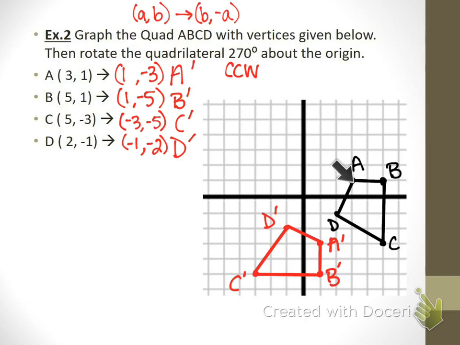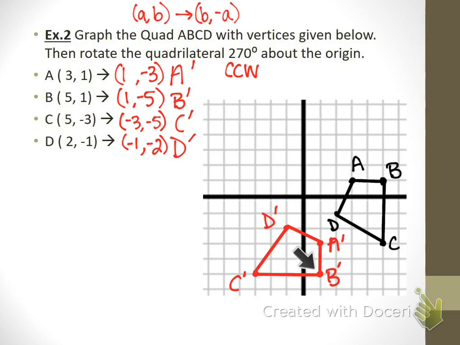So we rotated it 270 degrees counterclockwise about the origin. So kind of like we were talking about on the last slide where I drew a coordinate plane at the bottom, anything that started off in this quadrant moved all the way around to the quadrant below, right?